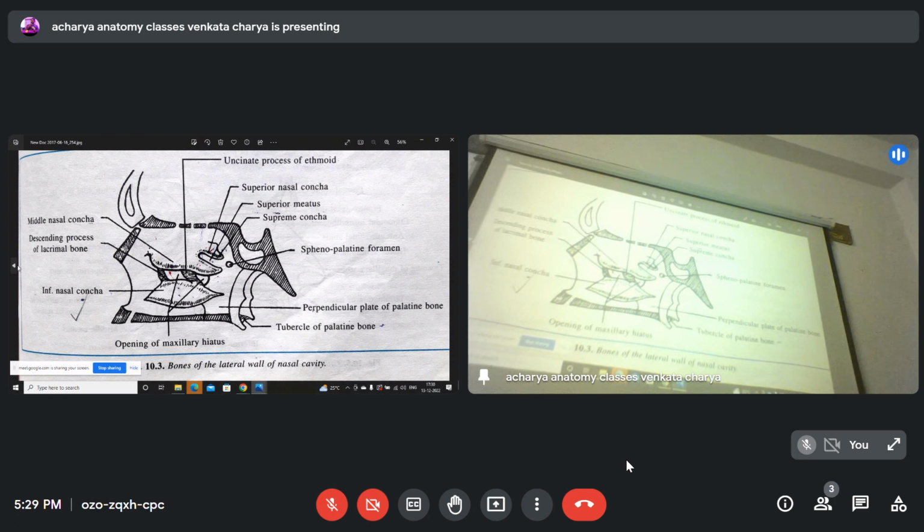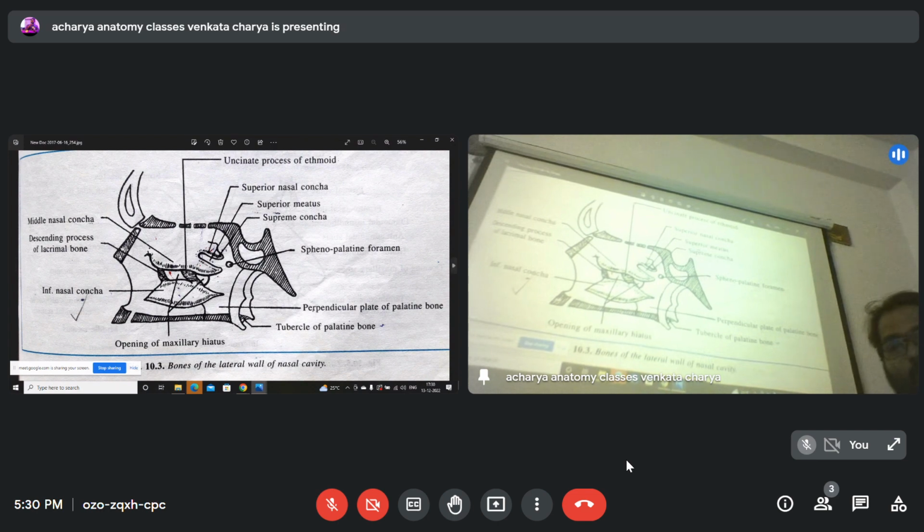Next point, in between the nasal conchae there is a presence of tubular sulci called meatus.